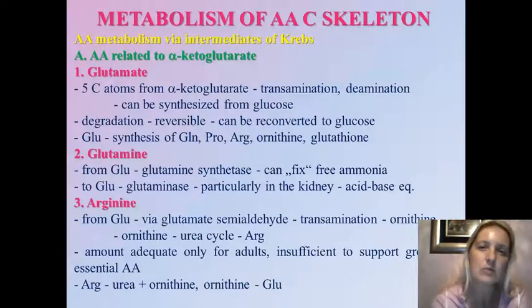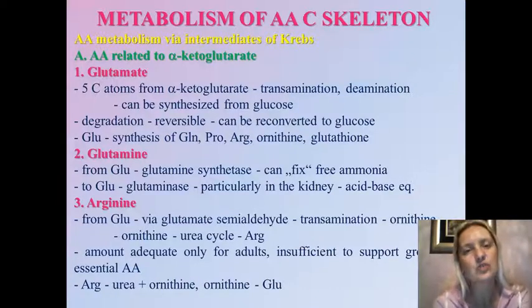Glutamate is also a precursor for the biosynthesis of glutamine, proline, arginine, ornithine, and glutathione molecules. As I already mentioned, glutamine is synthesized from glutamate, and the reaction is catalyzed by glutamine synthetase, and this is one of those 3 enzymes that we mentioned in our previous slide that can fix free ammonia. Then we have degradation of glutamine.